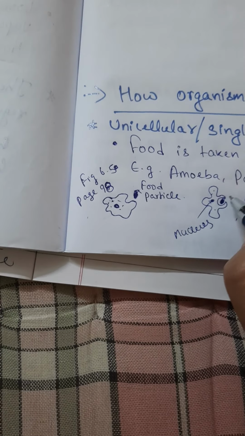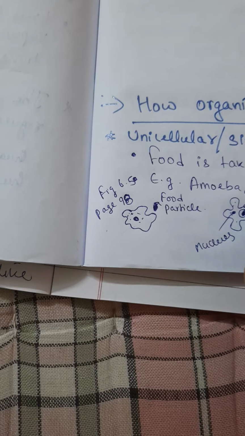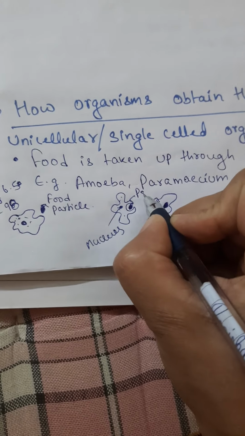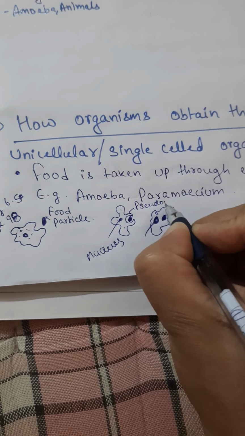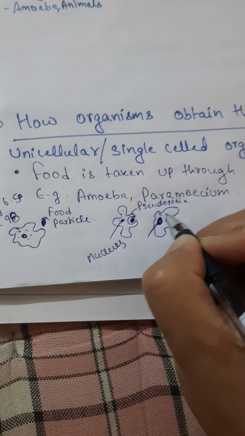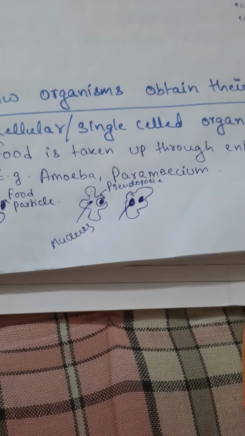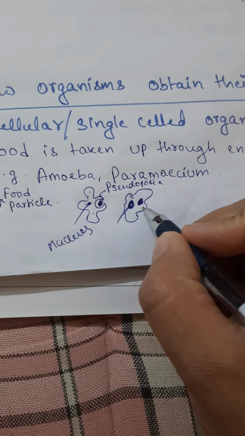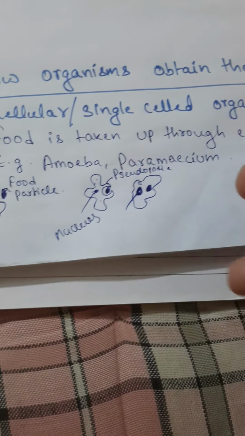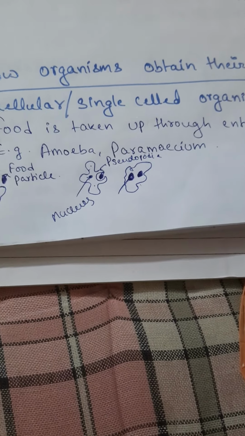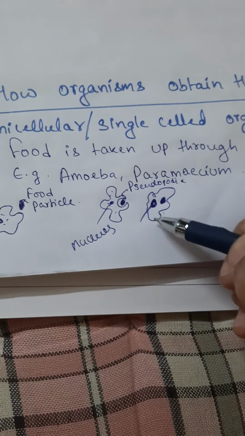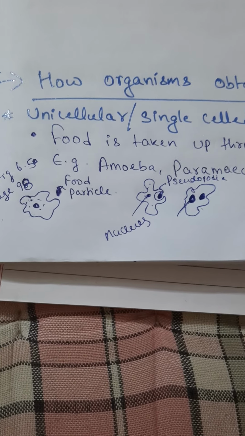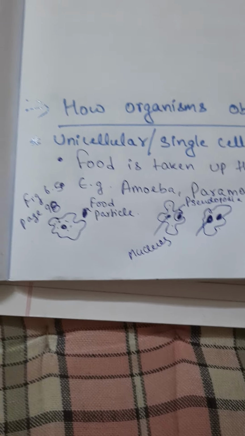And see now, after protruding false feet, called pseudopodia, amoeba engulfs its food, then it is diffused or supplied to all parts of the body through the entire surface. You can say it is by simple diffusion.